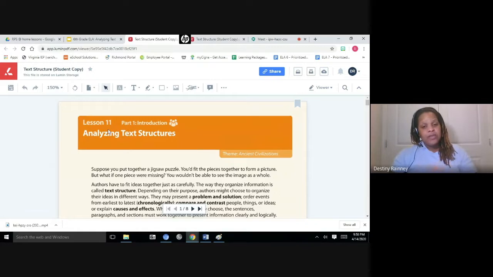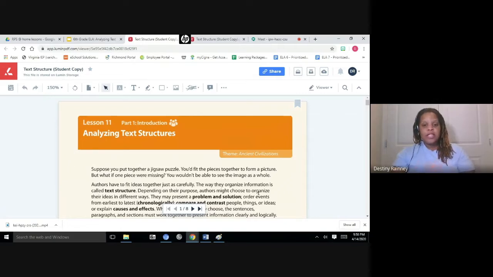Or for instance, what if you wanted to talk about two different animals? For instance, an alligator and a crocodile. You might use comparing and contrasting. That means pulling out the similarities and the differences between these two animals. Let's dig a little bit deeper.